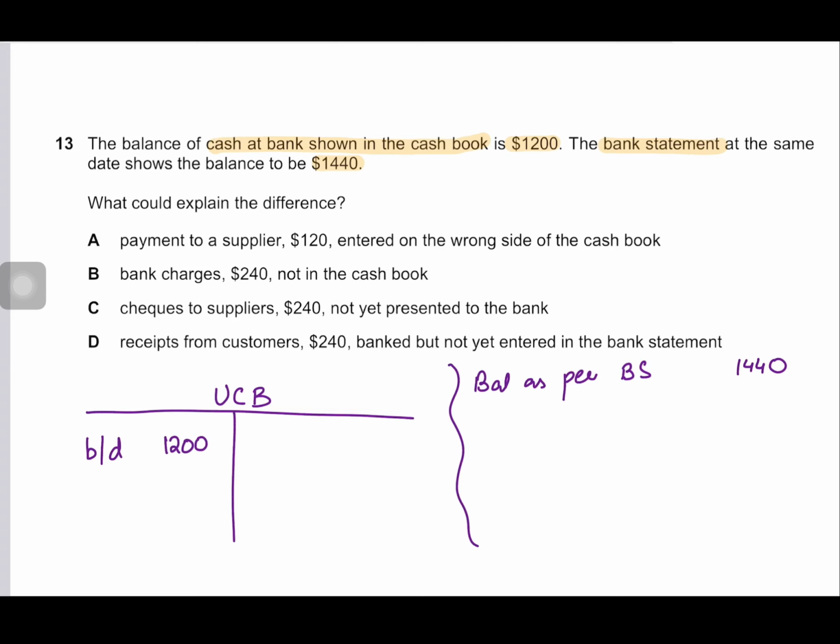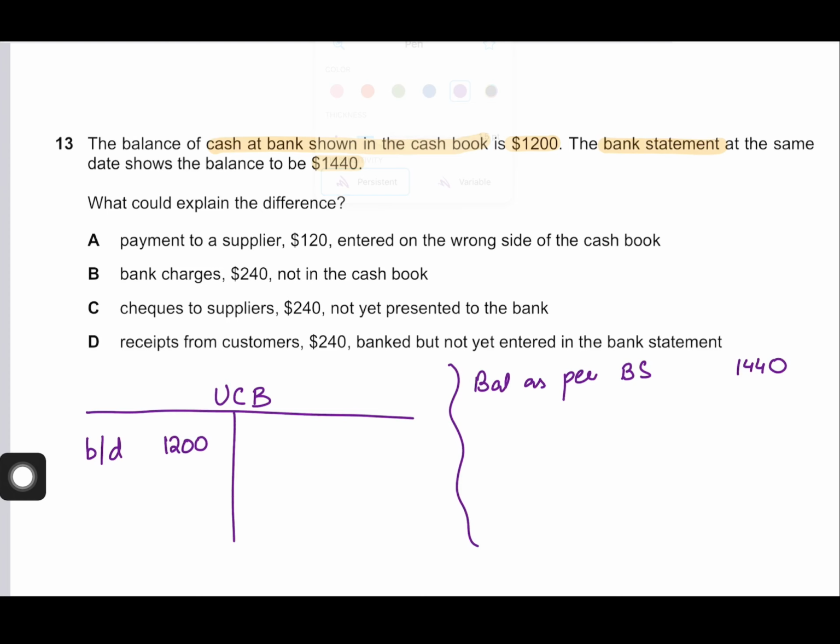In the cash book, of course, because the error has been made on the cash book. Now, what was the error? Payment to supplier 120 entered on the wrong side of the cash book. What is the correct side? A payment, a cash outflow should have been recorded on the credit side, but in error 120 has been recorded on the debit side, and then this balance was extracted.